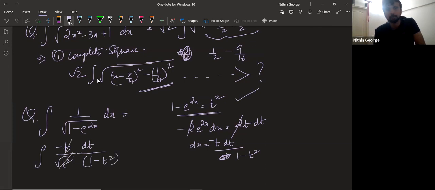T and root t square cancel out, self-explanatory. And from here you can take care of the rest, right? You have dt by t square minus 1. From here you can handle it, right?